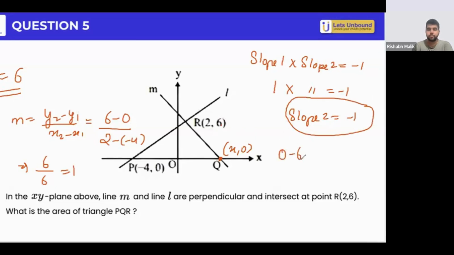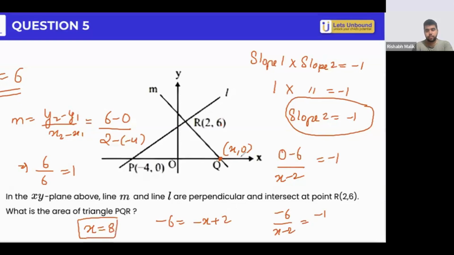So 0 minus 6 over x minus 2 equals -1. So -6 over x minus 2 equals -1. When I cross multiply here, it will be -6 equals -x plus 2. If I solve for the value of x here, x would come out as 8. So this point is 8, 0.